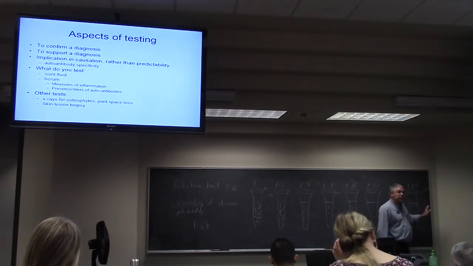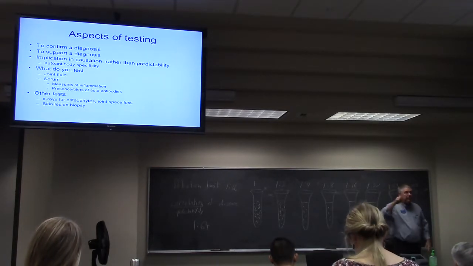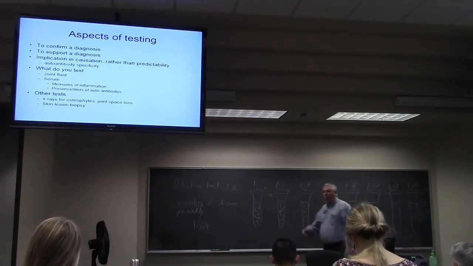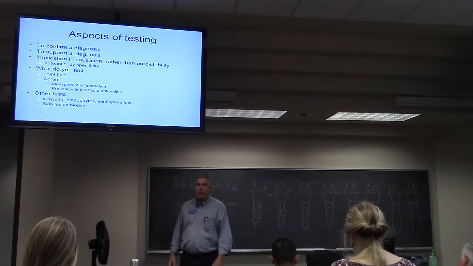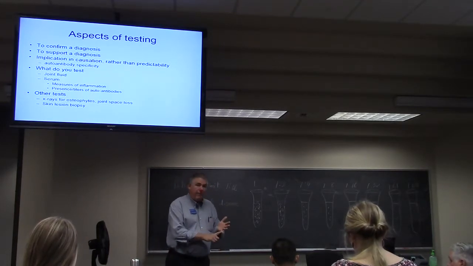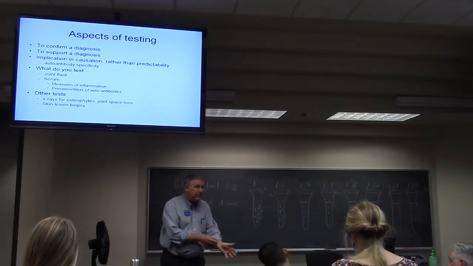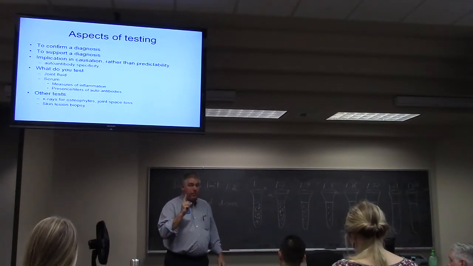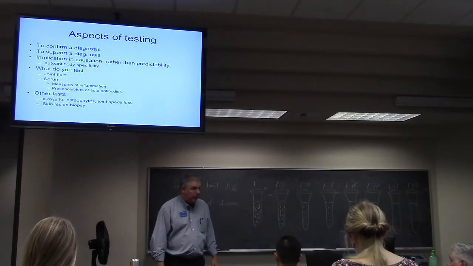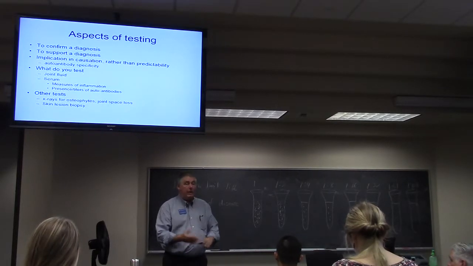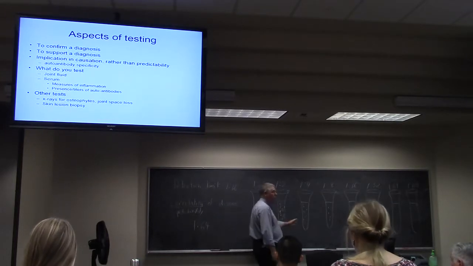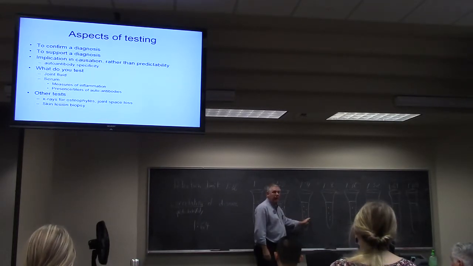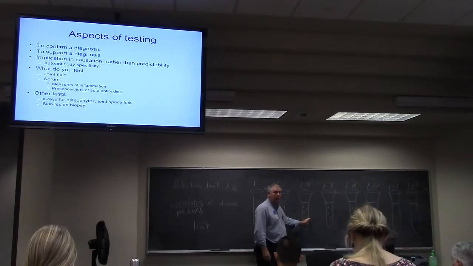So if you have a positive titer for Rocky Mountain spotted fever of 1 to 256, and you have a fever and a rash, then the probability that you have Rocky Mountain spotted fever is damn high. If you have a rash and a fever, and your rickettsia titer is 1 to 4, it's not likely that you have Rocky Mountain spotted fever.